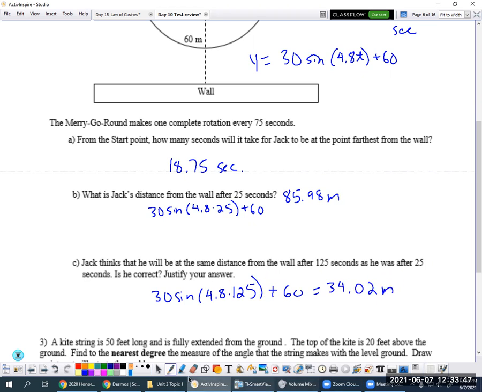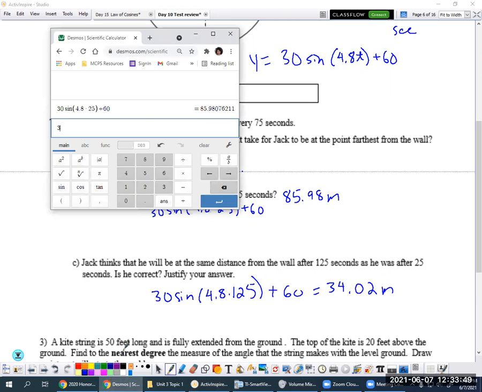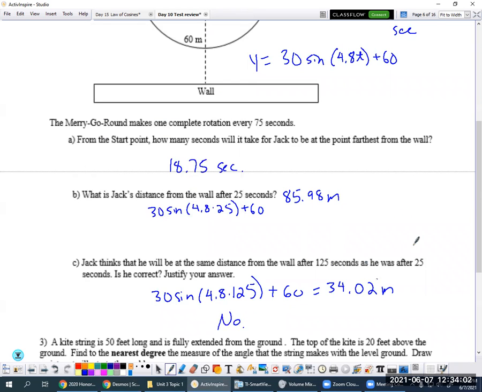If you need to see that in Desmos, it's the same thing. Yep, there we go. So that's not the same. Sorry, Jack, you are wrong.